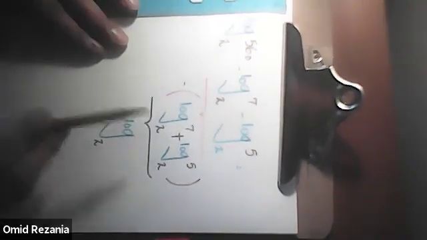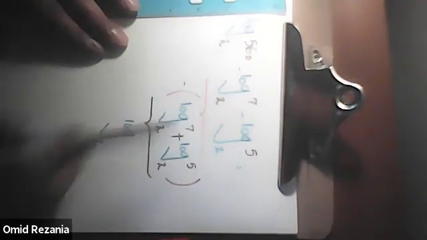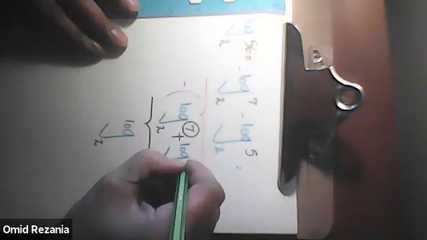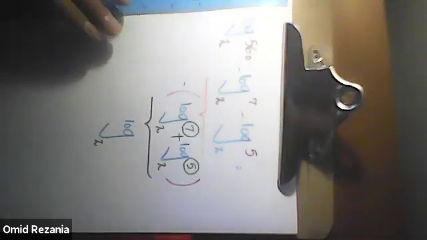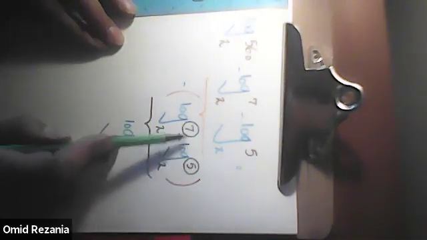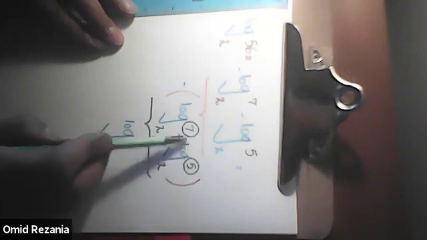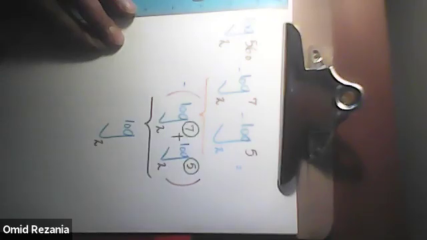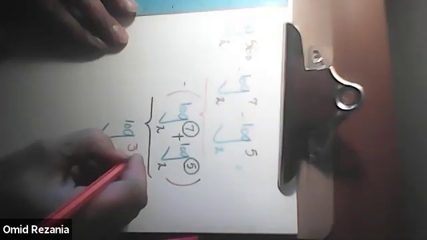But how about this one? I'm adding these two, but they have two different terms. This one is 7, this one is 5. I multiply them together based on property number 5, and 7 times 5 becomes 35. And I put 35 there.